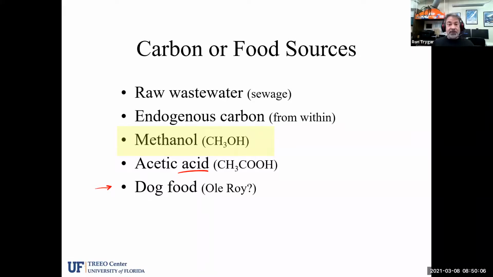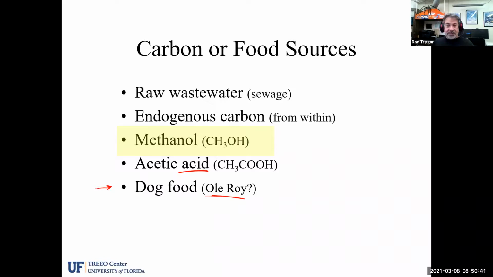So some operators have been known to purchase bags of dog food, and we have just, as kind of a laugh out loud type of joking thing, say Old Roy, which is a dog food commonly available at an inexpensive cost. And if that is crushed up or fed into the treatment plant in a powdered, crushed up form, or even put into the lift station and allowed to dissolve in the influent lift station, it will feed the wastewater plant the carbohydrates and supplemental carbon that it needs.